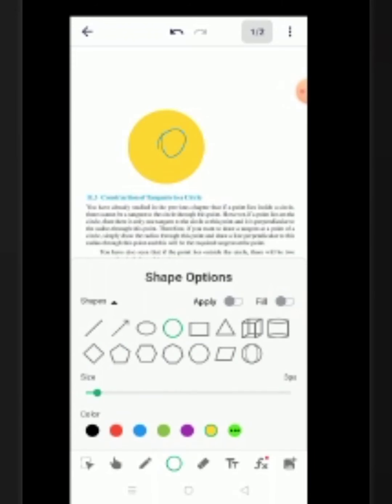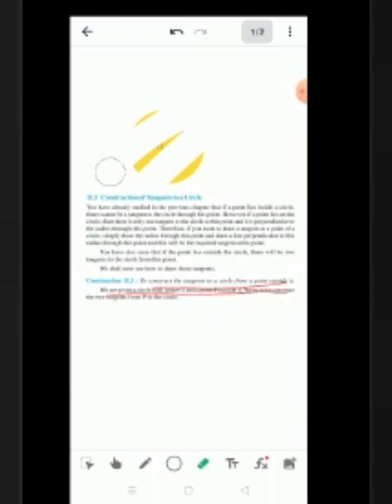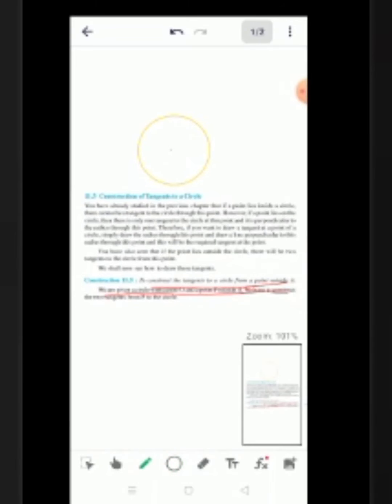I'm just taking a simple circle. See, this is my circle, and I have the center O here. This is the center O of the circle.